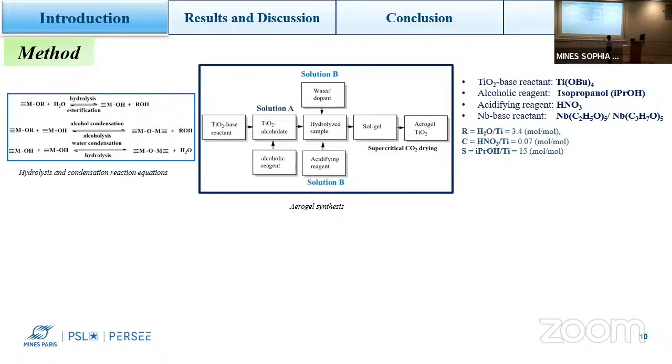The solvent inside is isopropanol. In that way, we can remove all the solvent in a short time, keep the pore size, and avoid shrinkage of the TiO2, so that we can get an aerogel.